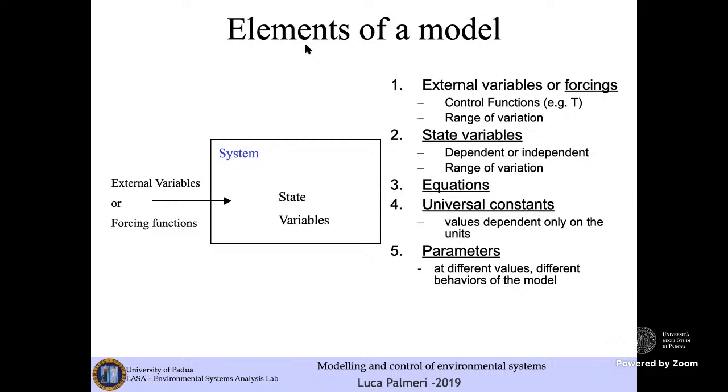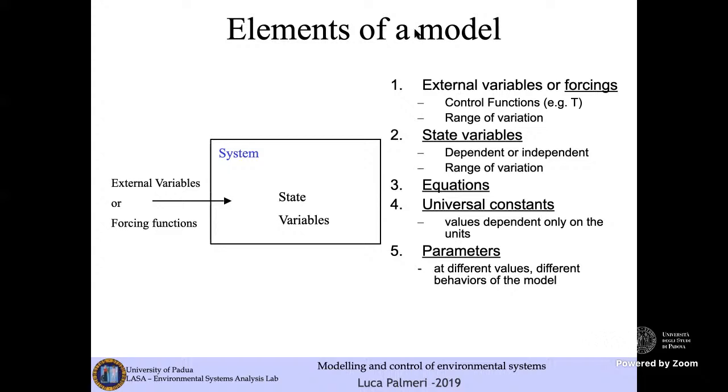So external variables are describing the external environment and the effect that this external environment has onto the system we are going to model. In particular, in order to describe the effect of the external environment, we shall introduce external variables, and we shall call these external variables forcing functions. So functions that are forcing or somehow modifying the behavior of a model according to changes in external conditions.